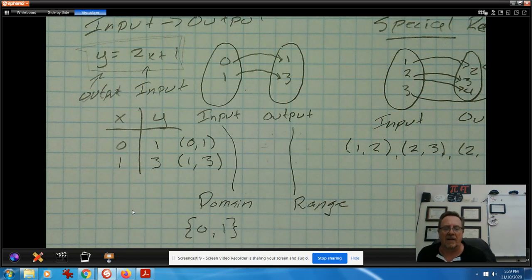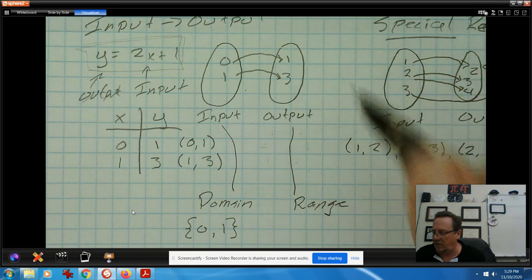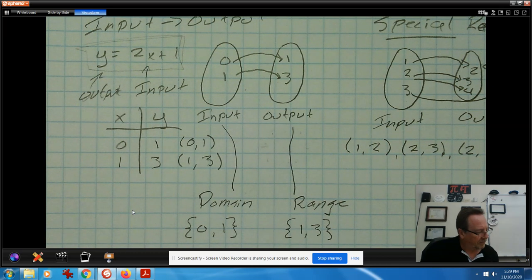There's our domain, 0 and 1. And if it said, what is the range for this? And it's got our mapping diagram again. Our output values are 1 and 3. So our range is the numbers 1 and 3. Okay? Input is your domain, your output is your range. It's just that simple. So let me go to some examples in your book.